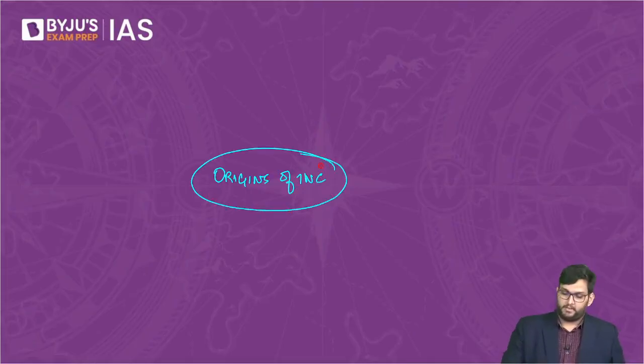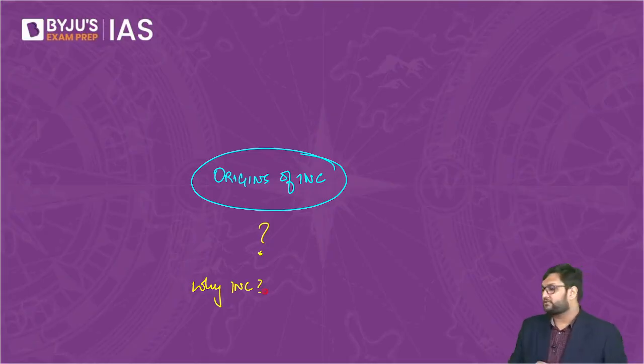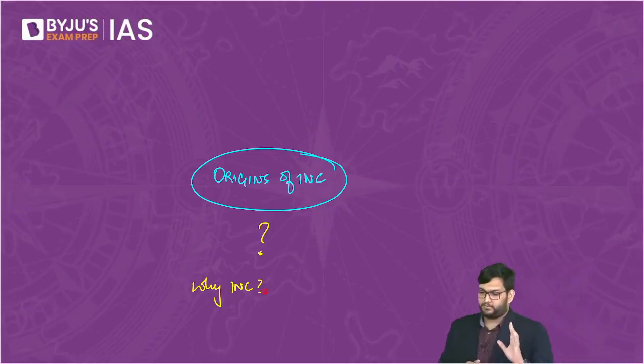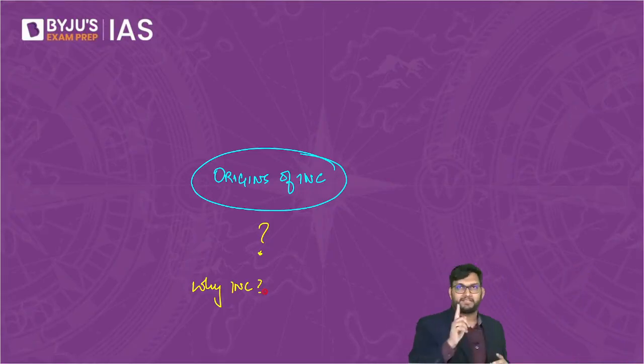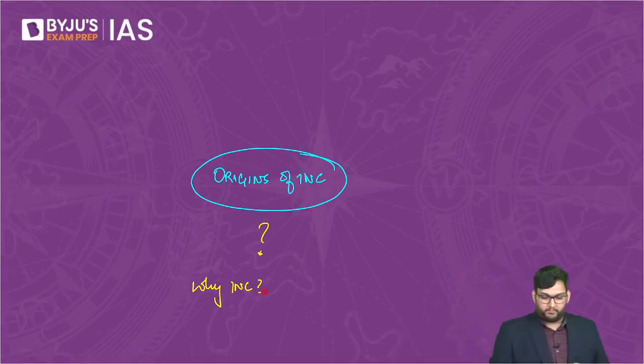But when we talk about the origins of the INC, there are certain questions on it. Why did the INC form and what is the role of one personality, A.O. Hume?